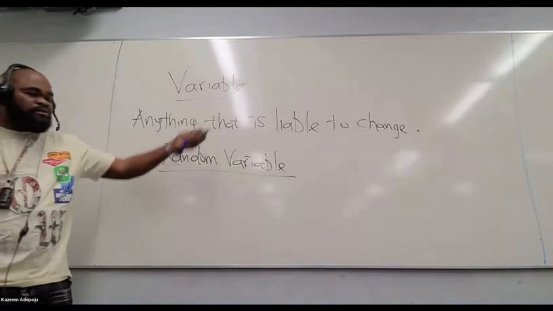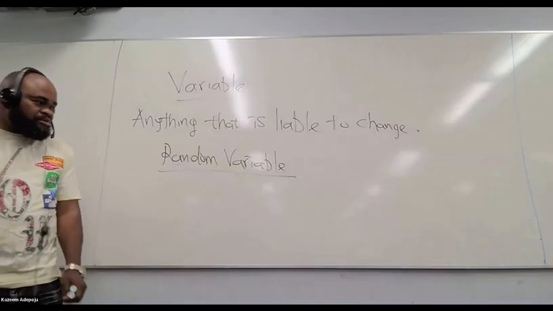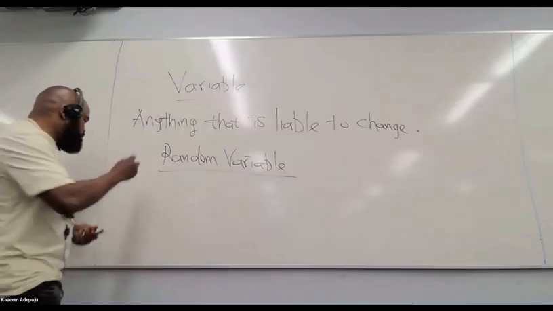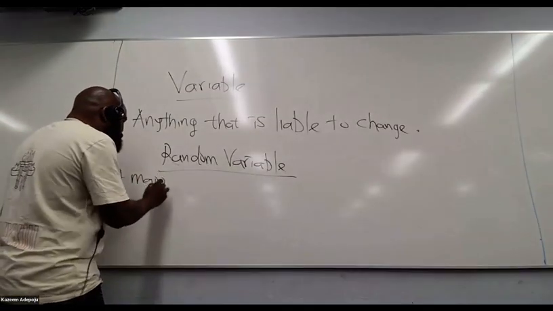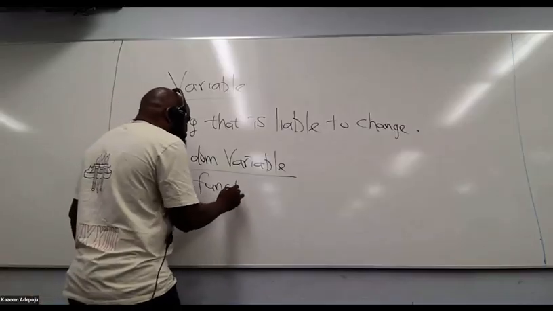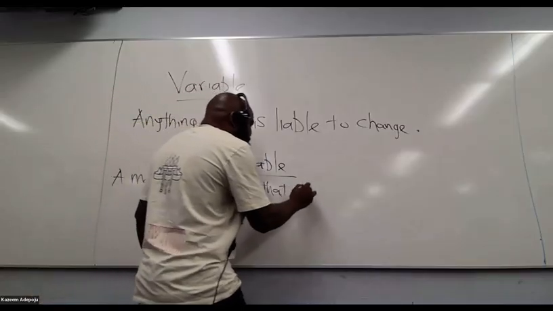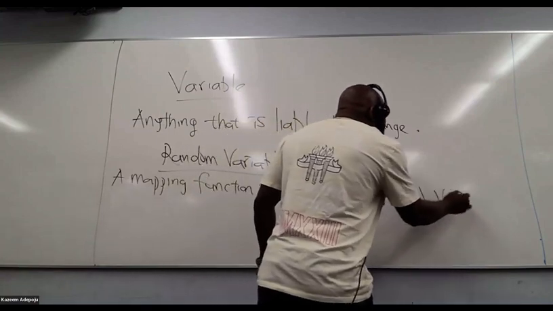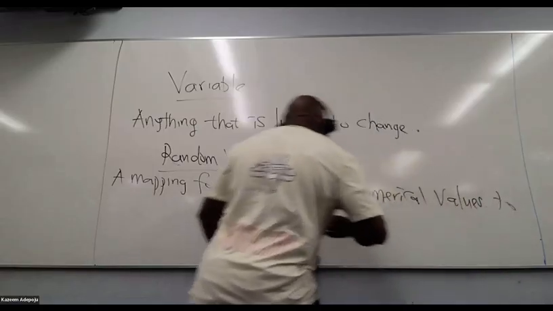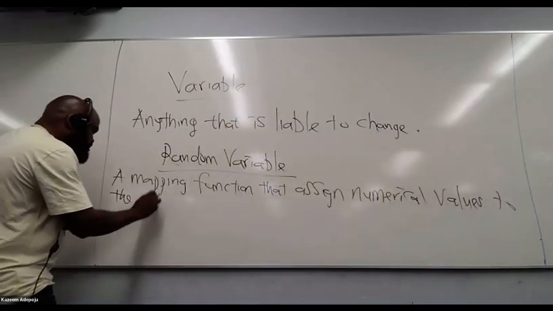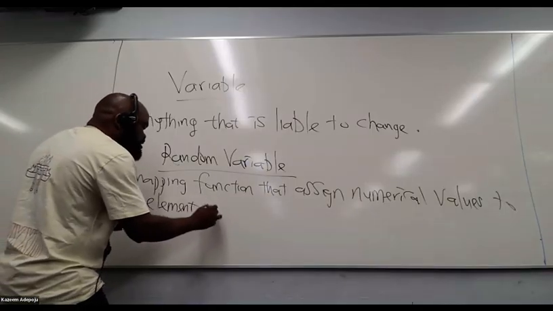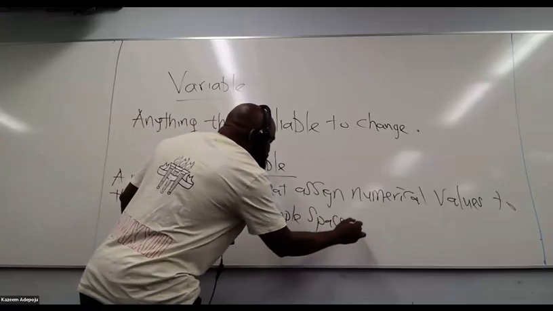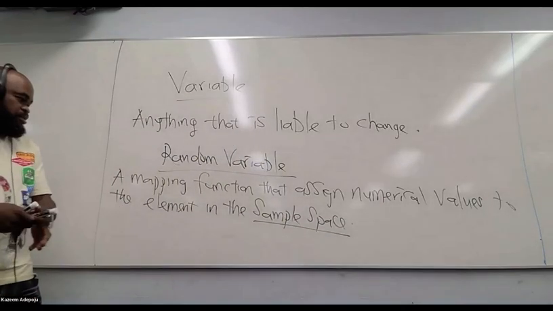Now that you understand what a variable means, anything that is liable to change, a random variable is a mapping function that assigns numerical values to the elements in the sample space. The random variable is a mapping function.